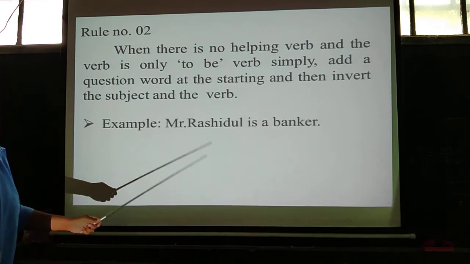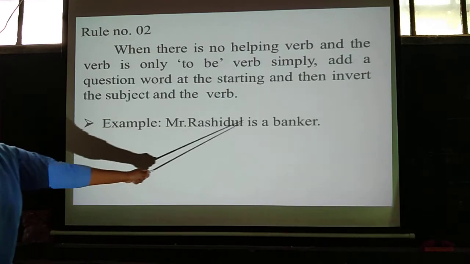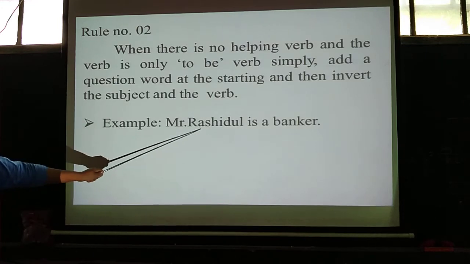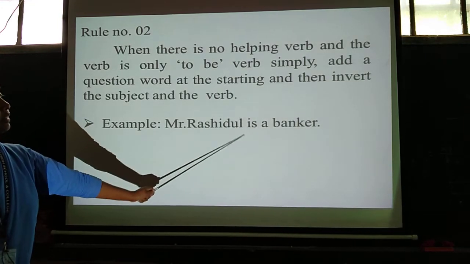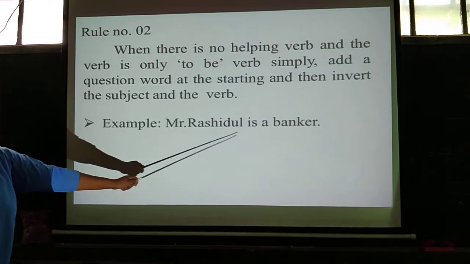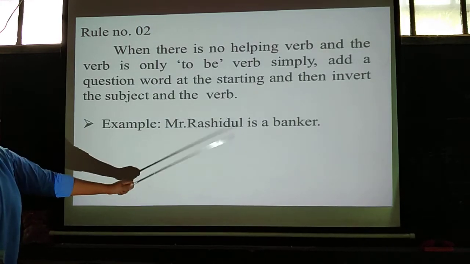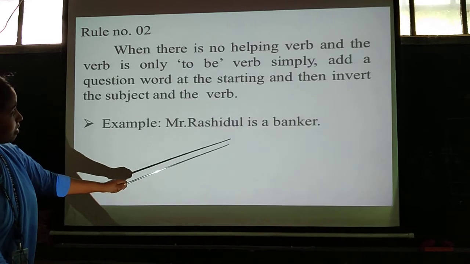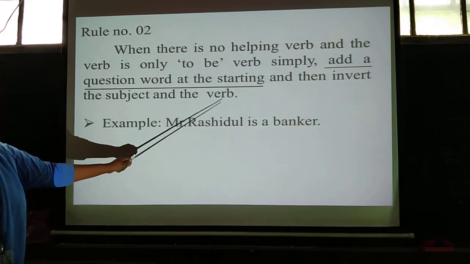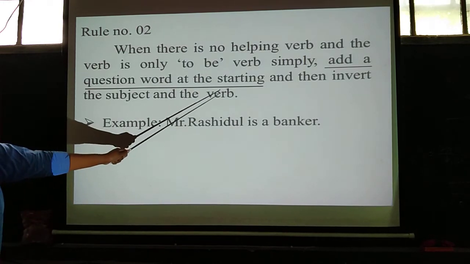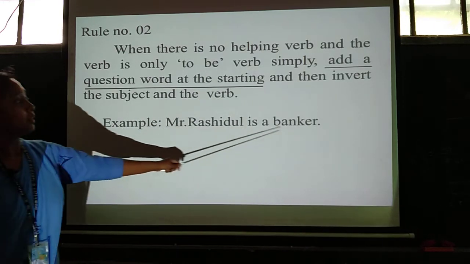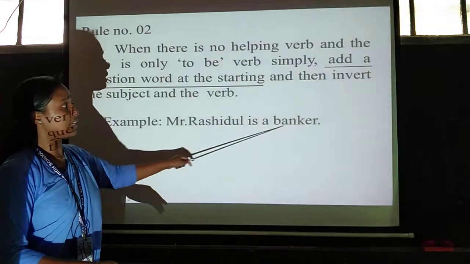আমরা একটা উদাহরণ দেখি। মিস্টার রাশিদুল ইজ আ ব্যাংকার। মিস্টার রাশিদুল একজন ব্যাংক কর্মকর্তা। হিয়ার ইজ, ইট ইজ এ টু বি ভার্ব, ইট ইজ টু বি ভার্ব অ্যান্ড to solve this we have to first add a question word at the starting. Okay, imagine the underline is under the banker.